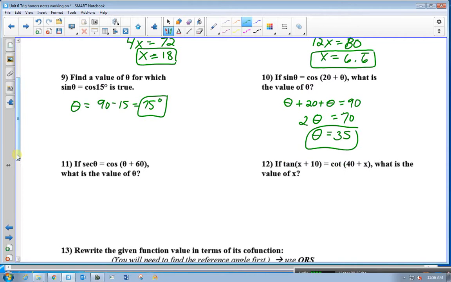Alright, same thing, theta plus 60 equals 90. 2 theta equals 30, theta equals 15. Now wait a minute. That's secant cosine.